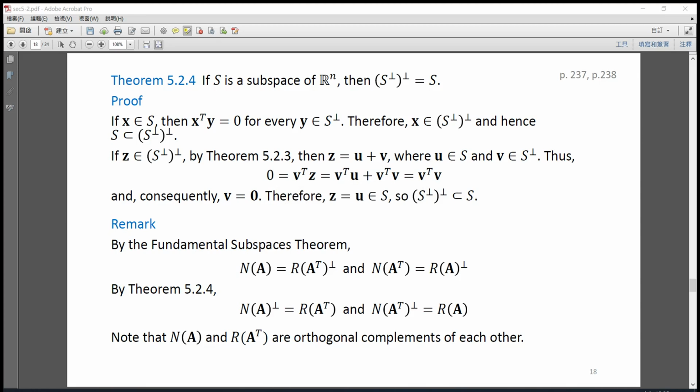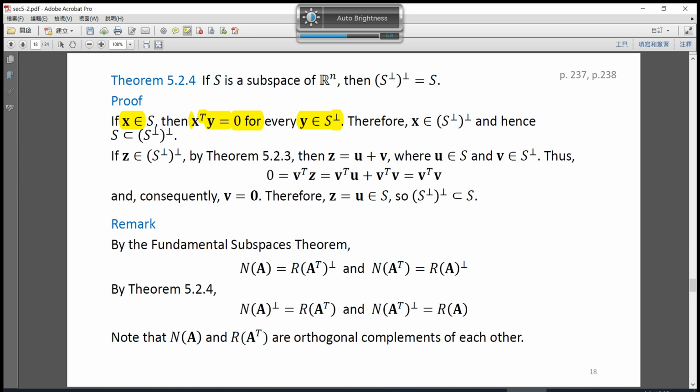We prove the first inclusion. If x belongs to S, and if we can prove x also belongs to the perp of S perp, then we can say S is a subset of the perp of S perp. If x belongs to S, then x transpose y equals 0 for every y in S perp, because S and S perp are orthogonal subspaces.